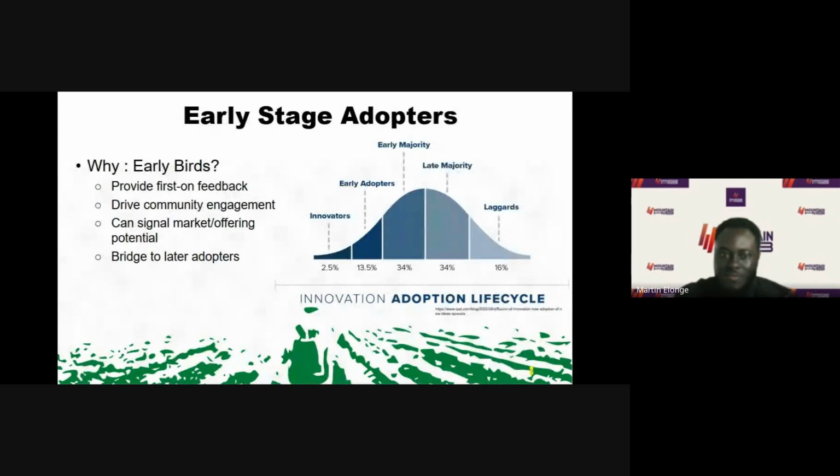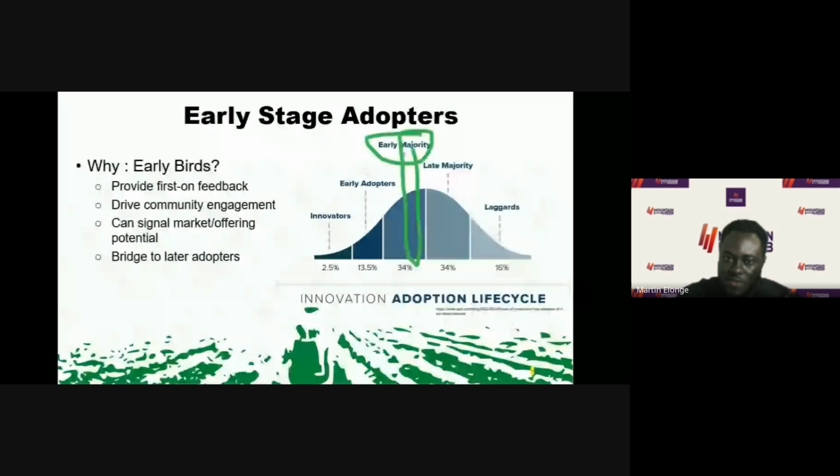So when early adopters adopt your offering and they give positive reviews and feedback, it encourages the late majority, the first 34%, to want to use that offering, to be part of that offering. And now when these guys come on board, we start looking at critical mass.